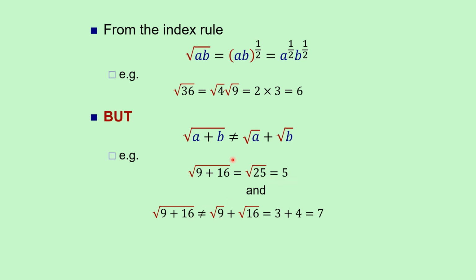But you can see that the square root of 9 plus 16 is not equal to square root of 9 plus square root of 16 when you separate it into two square roots. Square root of 9 will give you 3, and the square root of 16 will give you 4. When you add 3 plus 4, it will give you 7. So this will not give you the same answer. So be careful in this case.